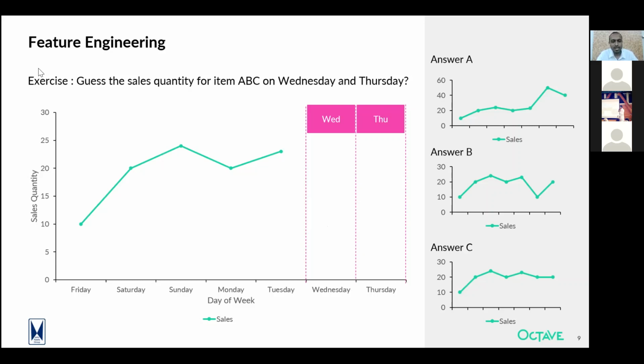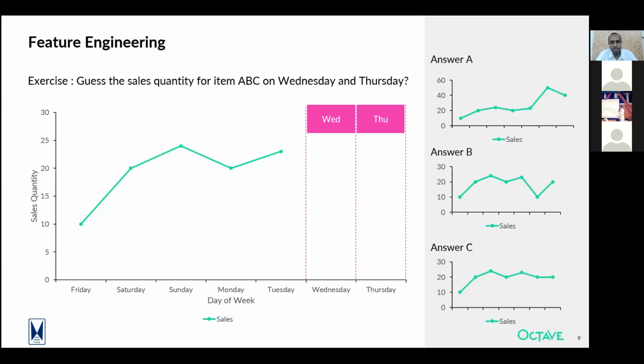Right. So ideally speaking, when it comes to retail, in most business domains, in this particular problem, you would expect there'll be high sales during the weekends, that is Saturday and Sunday, right?